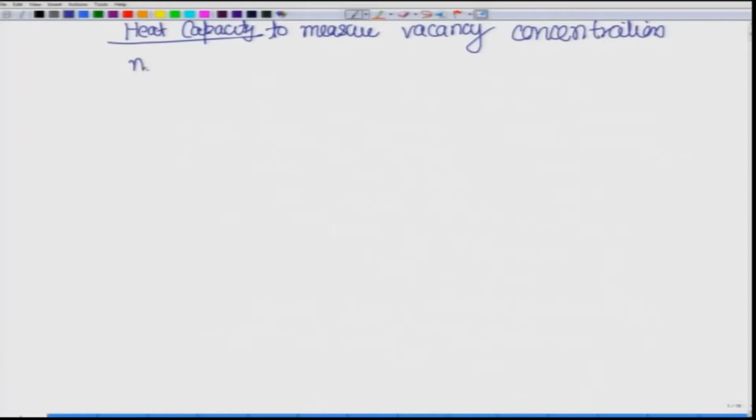Now, we know that X, which is the equilibrium concentration of vacancies, which can also be written as N equilibrium by uppercase N equal to EXP, and then we have this entropy formation term and the exponential form delta enthalpy term.